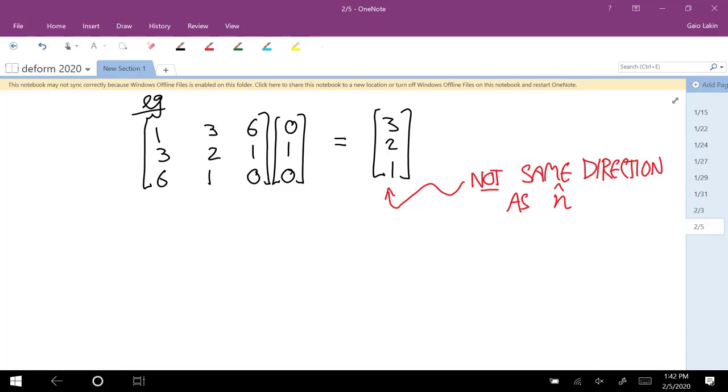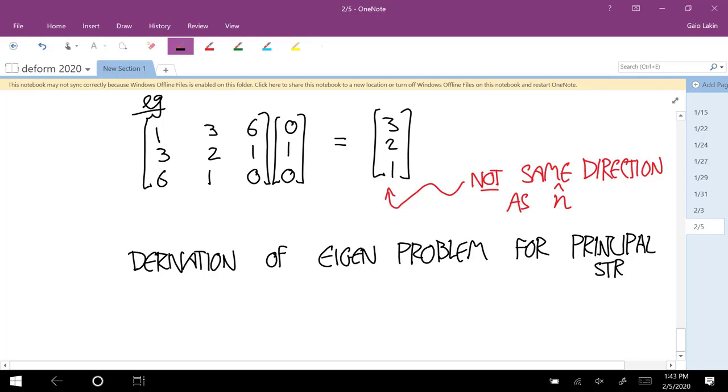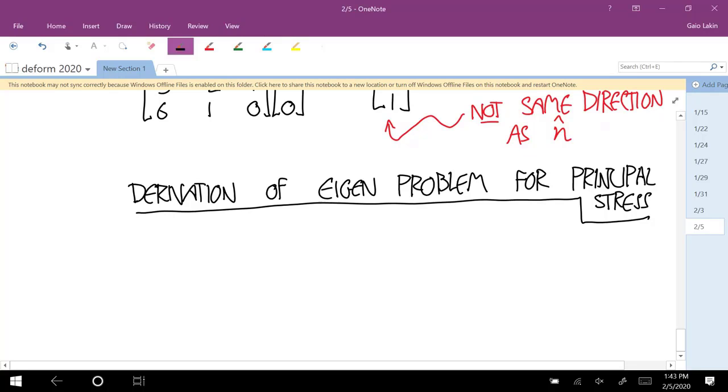All right, so before I go into the calculation, let me derive how this comes about in our problem. This is the derivation of the eigen problem for principal stress. So let's start with this stress tensor.